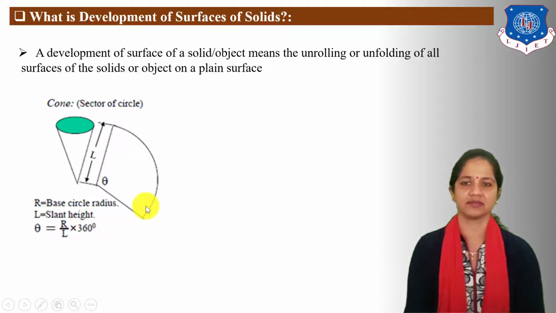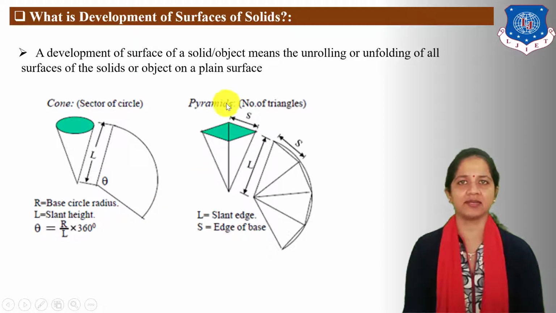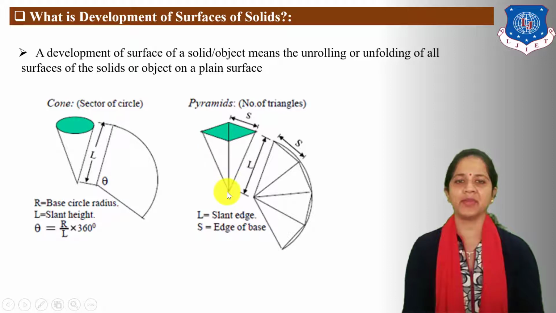Next, let us understand development of pyramid. Here, a square pyramid is given. Any pyramid has an apex point, slant edges and triangular faces. When we unfold or unroll any pyramid from its slant edge, a number of triangular faces open.